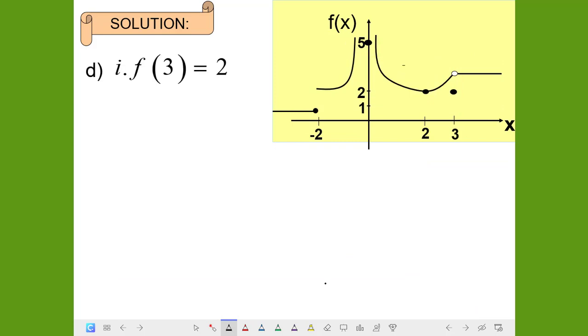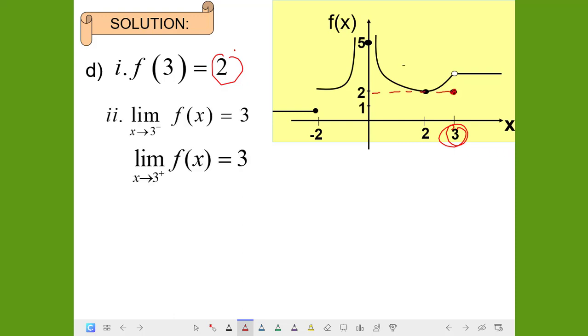Okay, when x is equal to 3, the value is equal to 2 at this point. Set up, then find the limit.